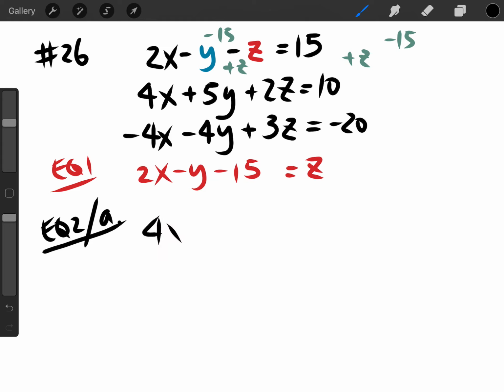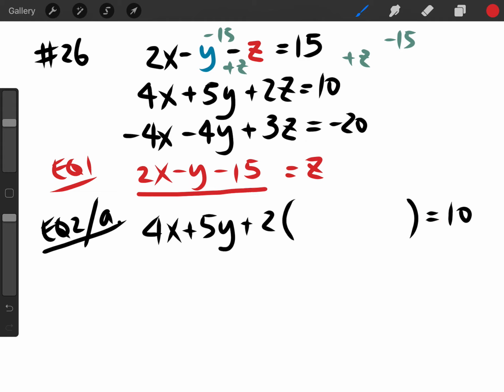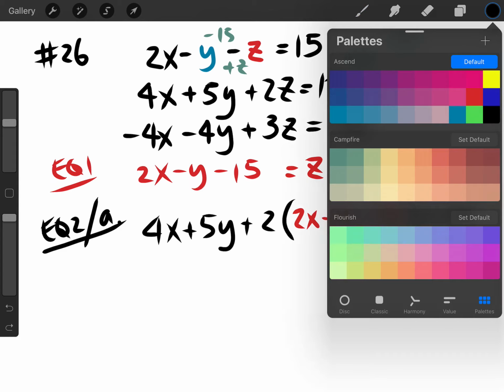So 4x plus 5y plus 2z equals 10. So z is going to be the new expression that I found, right? So it's going to be 2x minus y minus 15. Put that in there, okay? All right, so let's look at another one.